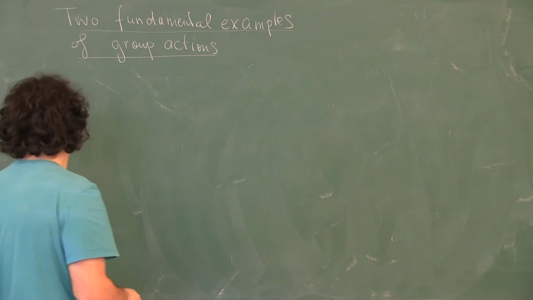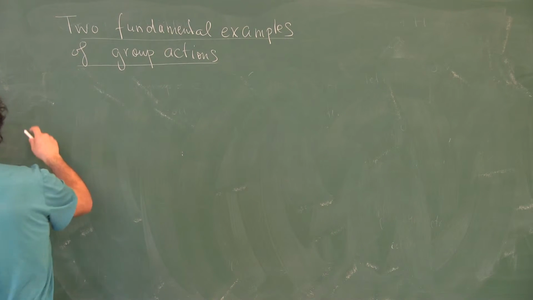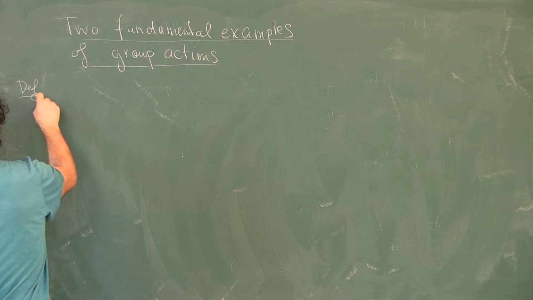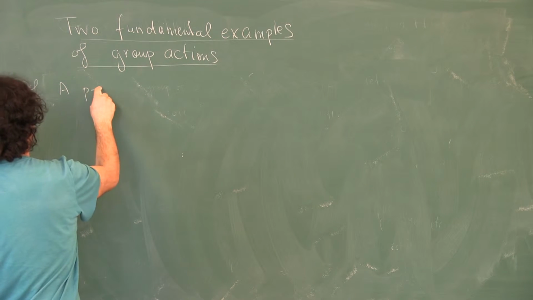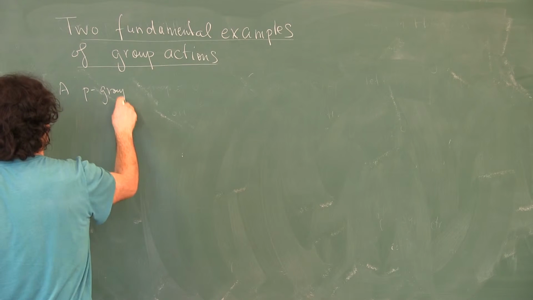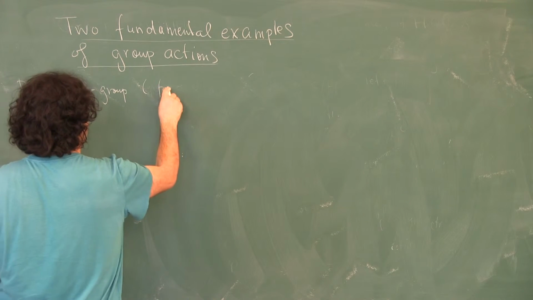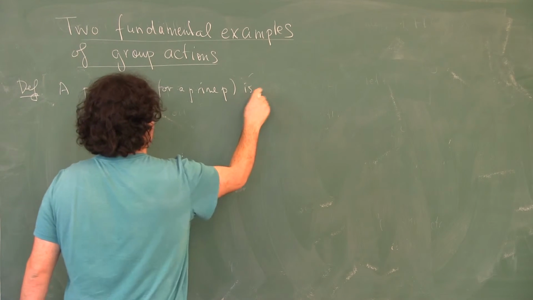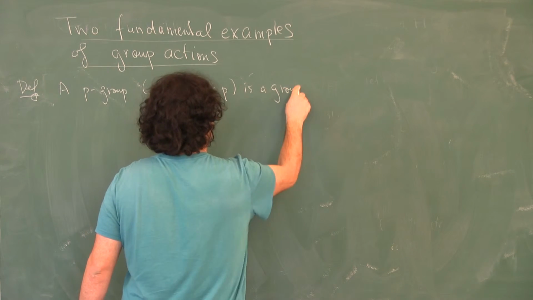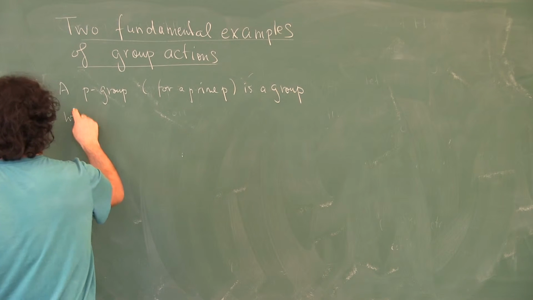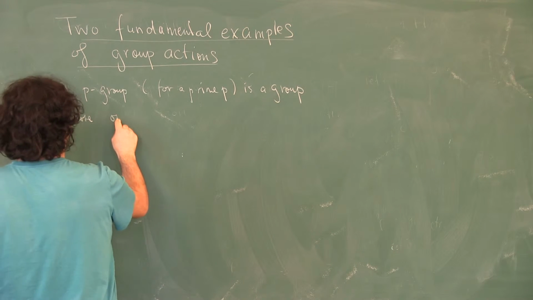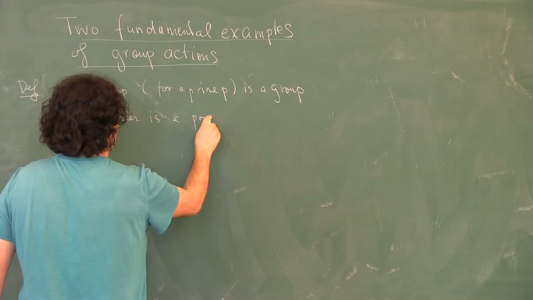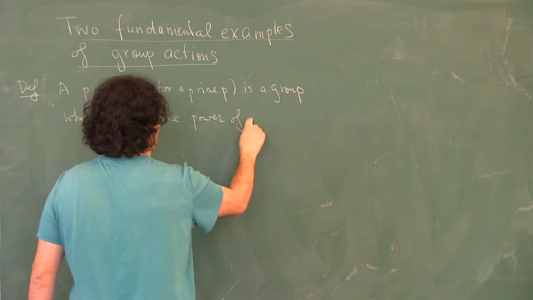So let's first recall the definition. A p-group, for a prime p, is a group whose order is a power of p.